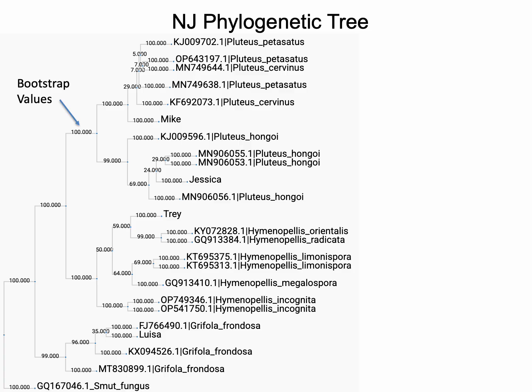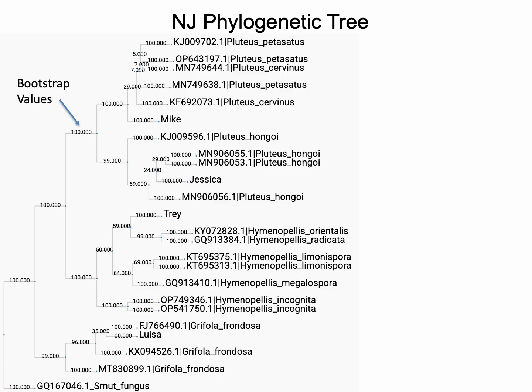The numbers you see on the tree typically represent bootstrap values. These values indicate the confidence level in a particular branch of the tree, reflecting how frequently, percentage-wise, that branch appears in multiple trees generated from resampling your dataset over and over again. Higher bootstrap values suggest a more reliable branch.